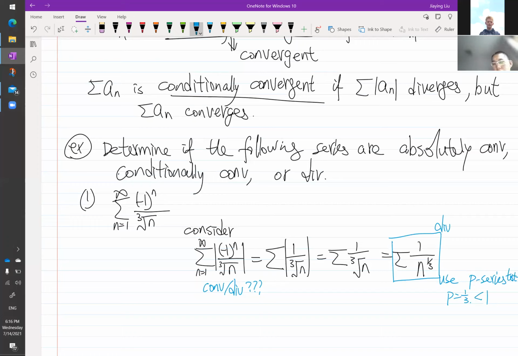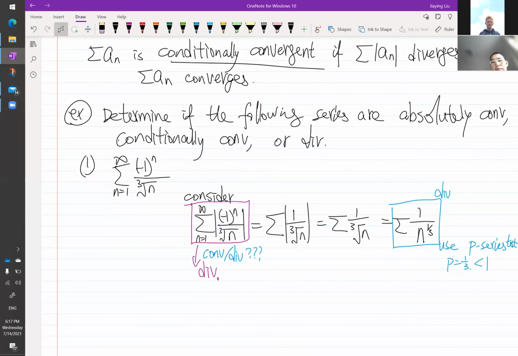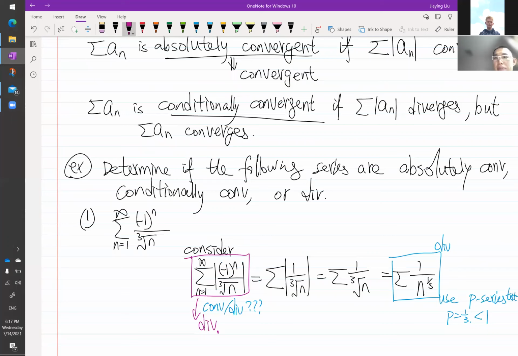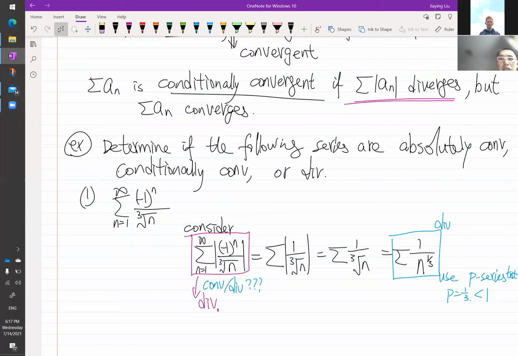Well, if that series is divergent using the p-series test, that means this absolute value series will also be divergent, right? So the absolute value series is divergent. That's the second part. So that means the series is not going to be absolutely convergent. But is it conditionally convergent? We have to see if this is convergent or not.